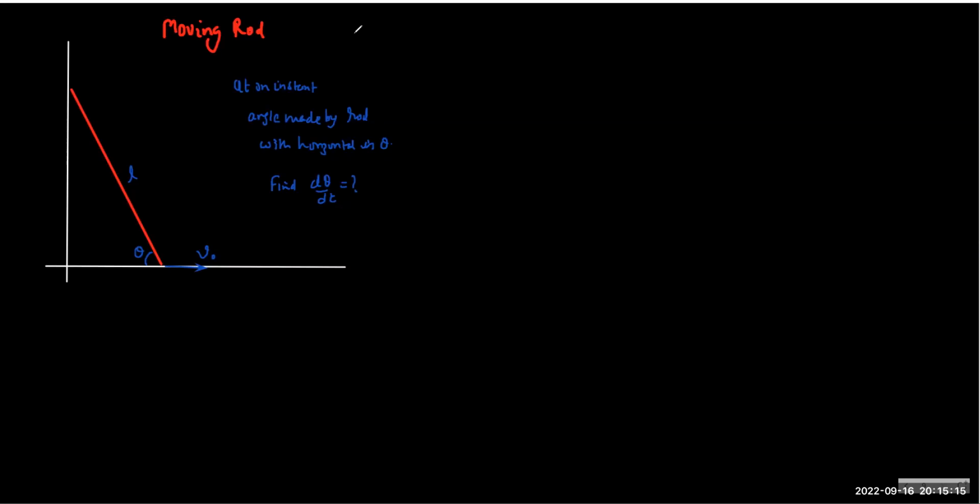Anyone who got the answer? What is V naught representing? Which rate of change is represented by V naught? dx by dt. Very good. So from the origin, you can call this X, and the other part you can call Y as of now.